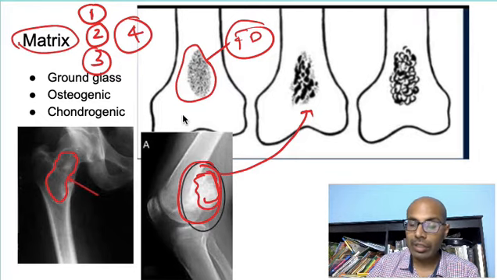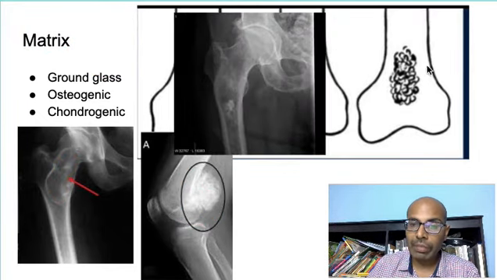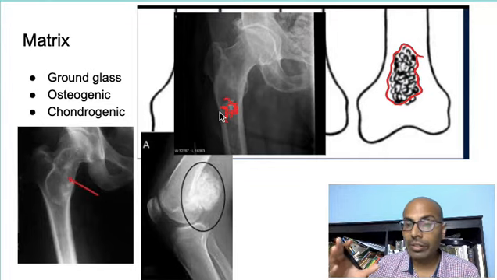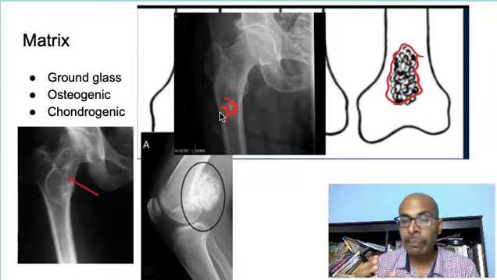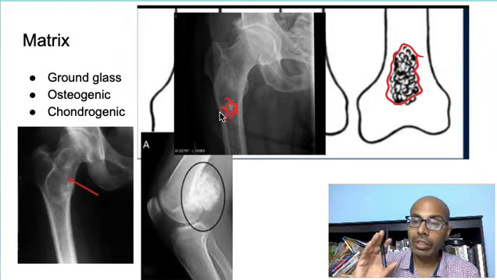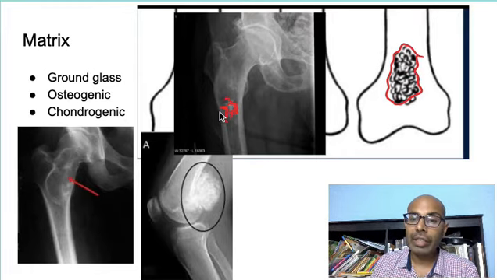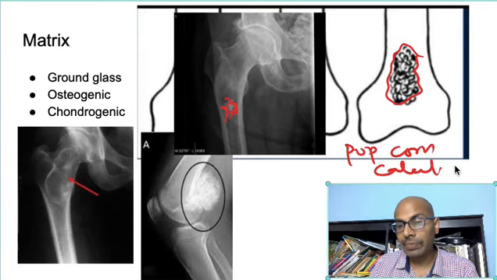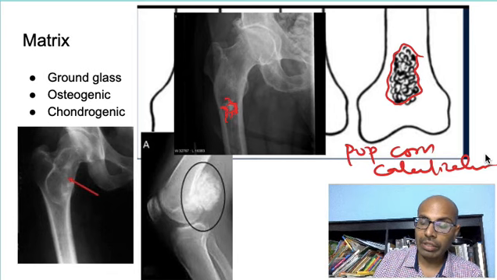The next pattern which is seen is called the popcorn pattern or the chondrogenic pattern, where you have stippled calcification in a comma fashion and in a popcorn fashion, and this indicates a chondrogenic tumor, very commonly seen in enchondromas, chondrosarcomas, and any tumor associated with chondrocytes or chondroma formation. They have this typical feature called popcorn calcification.